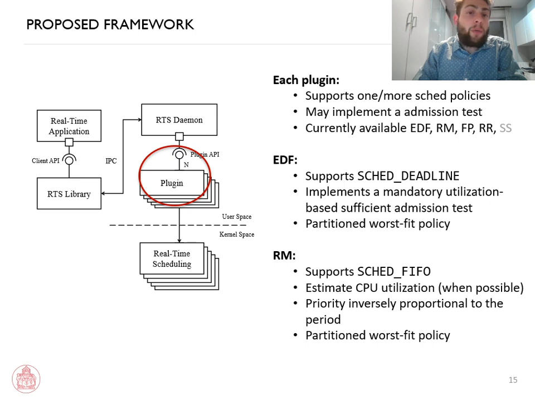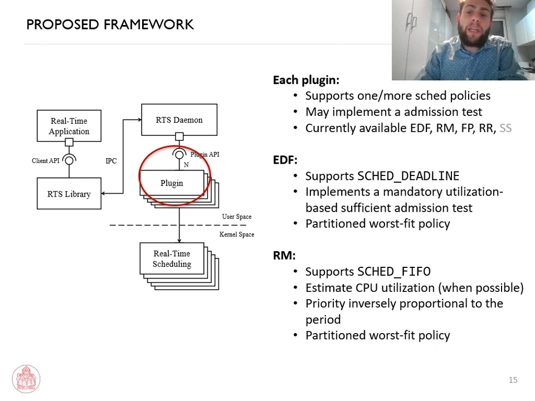Currently, we made available the EDF plugin, a rate monotonic plugin, a fixed priority plugin, and a round robin plugin. We are working on a sporadic server plugin that will be based on the POSIX sched sporadic, which on Linux was made available through the patch written by Fagioli, one of our former colleagues of the laboratory.